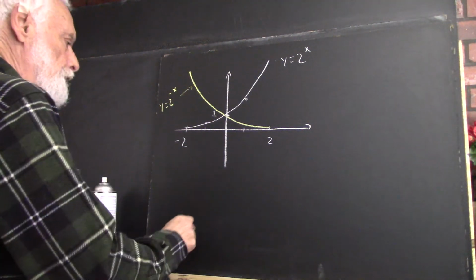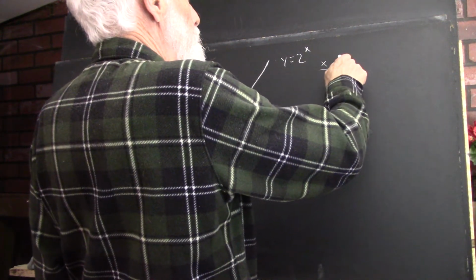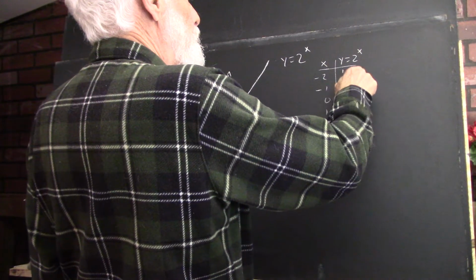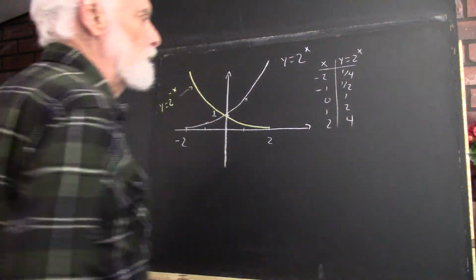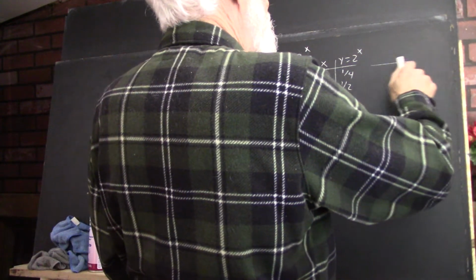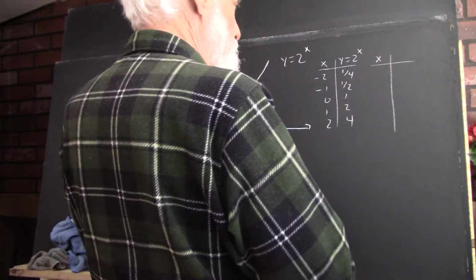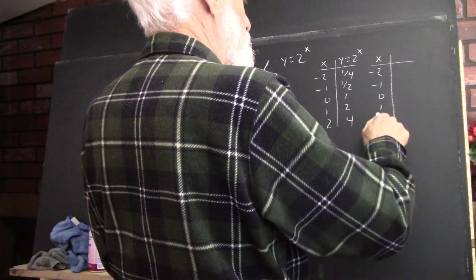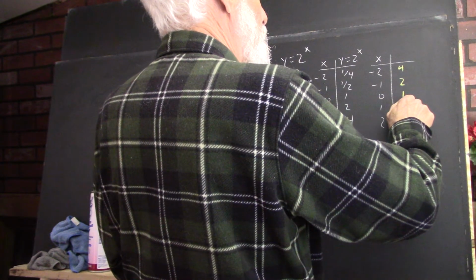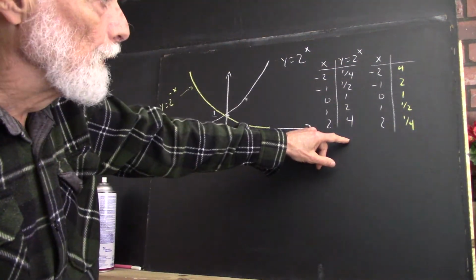One way to see this is if we take the table for y equals 2 to the x, right here, and we put these numbers in the opposite order.